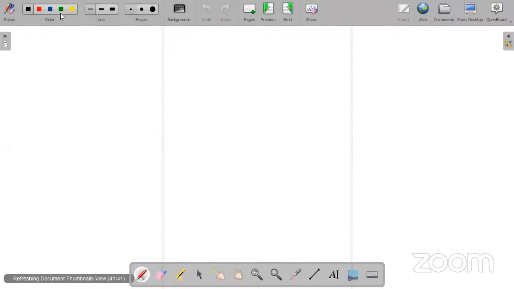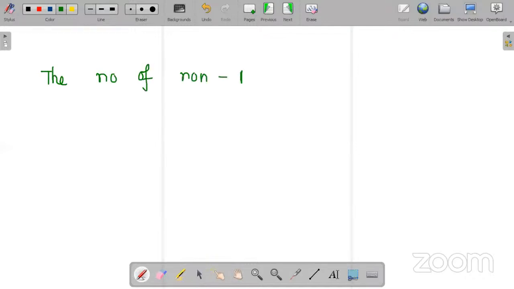Don't worry. The number of non-perfect squares. Are you ready?